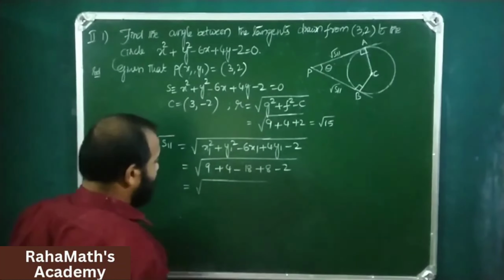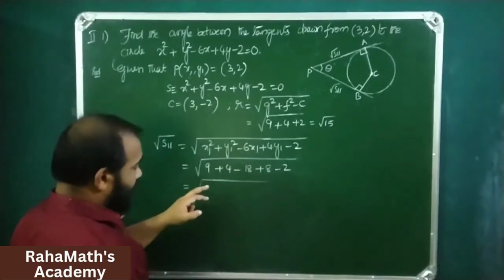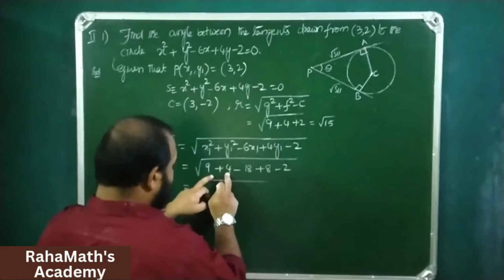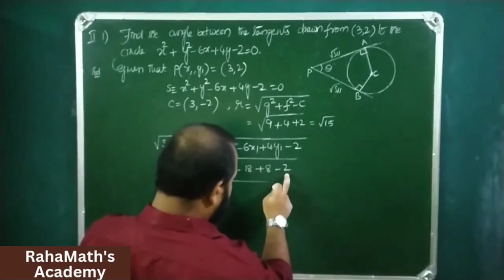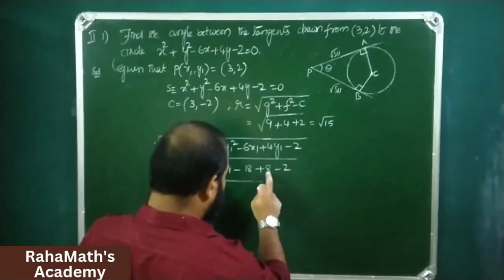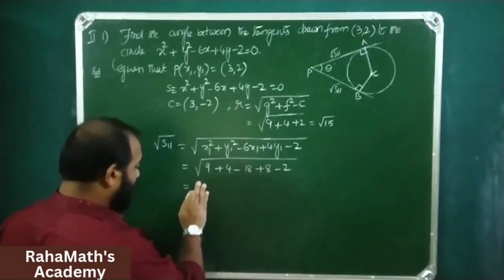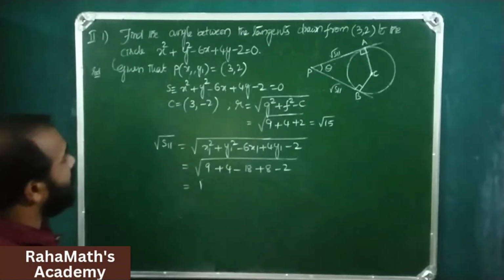So that implies 9 plus 4 is 13, 13 plus 8 is 21, minus 18 minus 2 is minus 20, 21 minus 20 is root 1, that is 1.